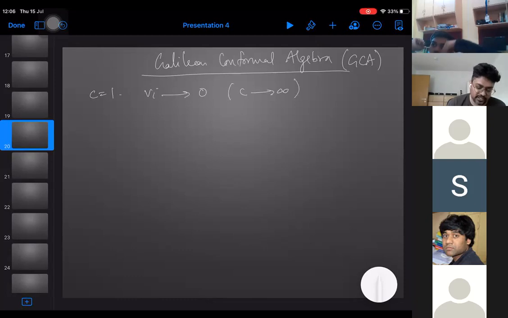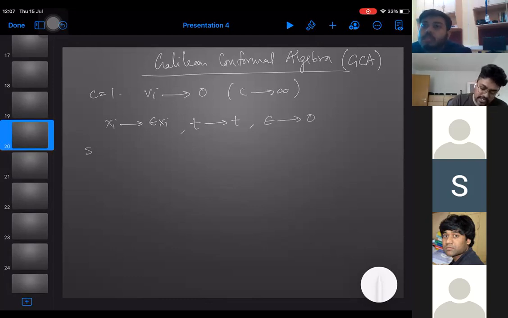This can also be achieved by doing the scaling x_i goes to epsilon x_i, t goes to t, with epsilon taken to 0, so that v_i = x_i/t goes to 0. If you take this limit, for example, you start from the conformal algebra.